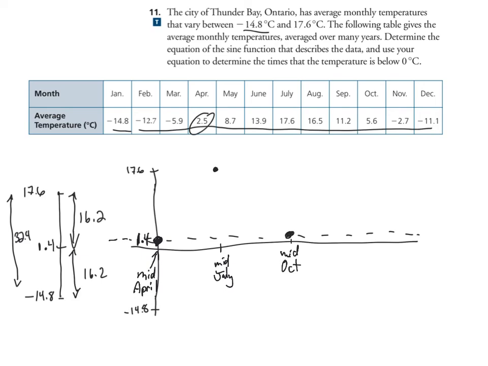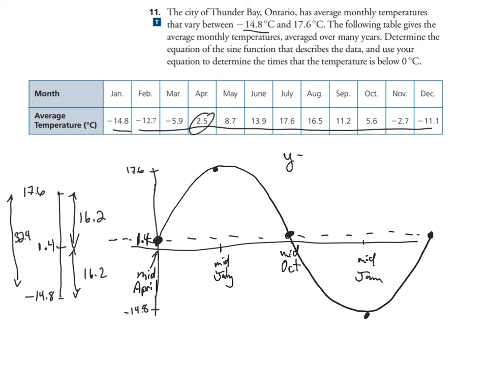And it's going to be back down, and then we'll say this is going to be January, mid-January, and that's when it's going to be down to negative 14.8. And then of course we go back to April. There we go. There's a graph of our curve. All right, this equation should be quite easy now.